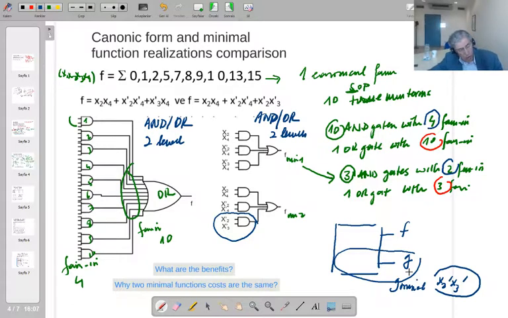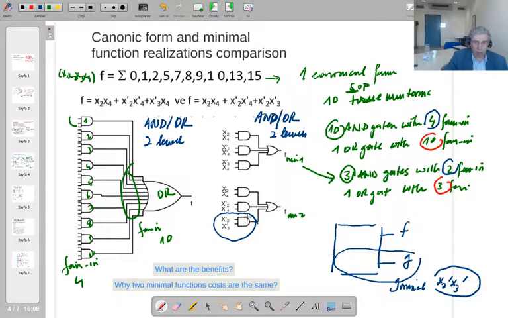Therefore, we need to find all the minimal functions for a given function. If we are going to do a design which has got more than 1 output, then that is going to be beneficial.